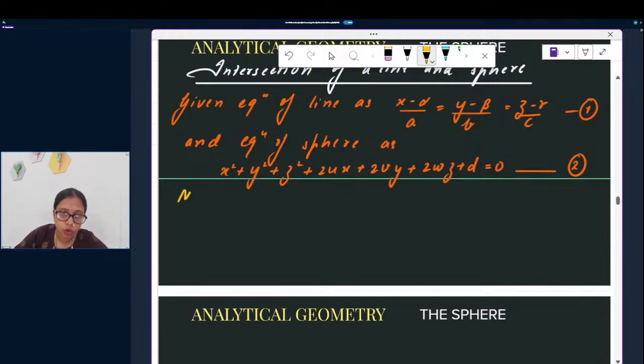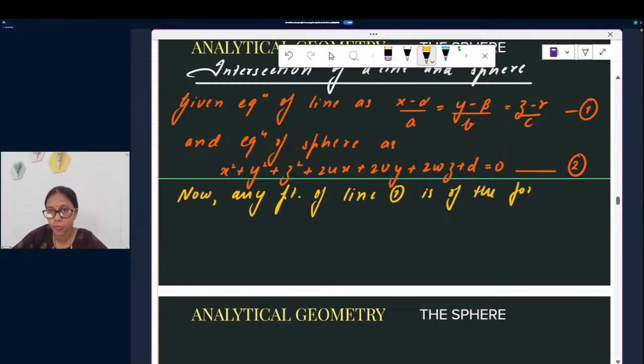Next, any point on line 1 is of the form ak plus alpha, bk plus beta, and ck plus gamma, right?